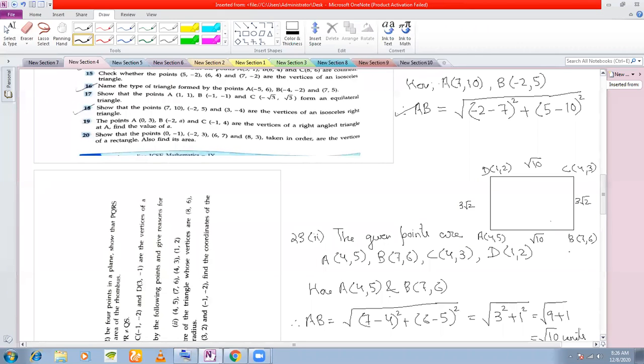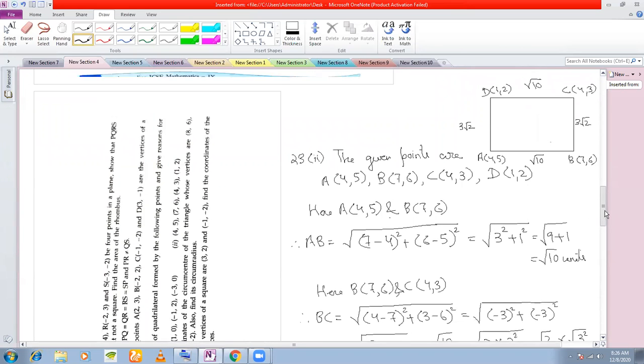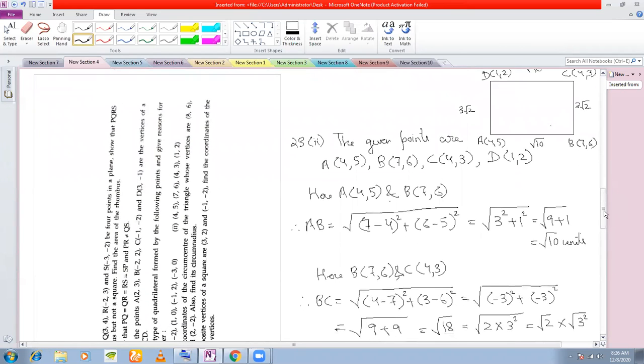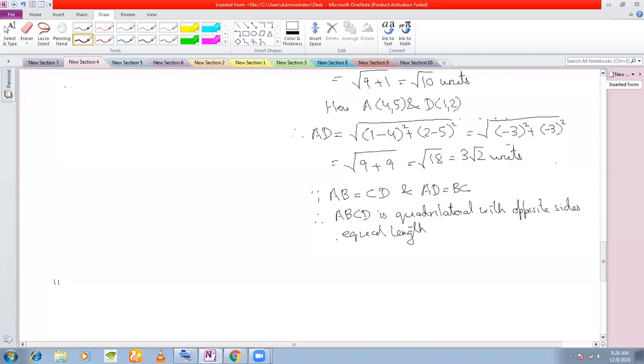Diagonals are equal. You can show that the diagonals are equal in length, and therefore you can say it is a rectangle. Otherwise, if the diagonals are not equal in length, then you say it is a parallelogram. So ABCD is either a parallelogram or a rectangle.